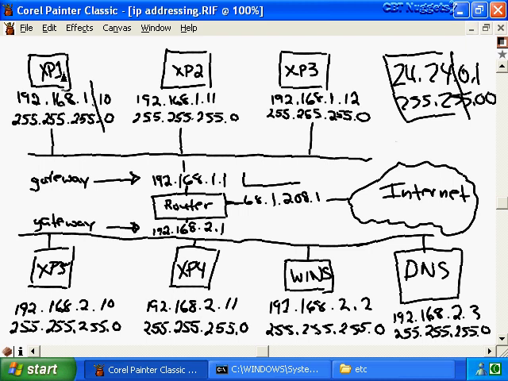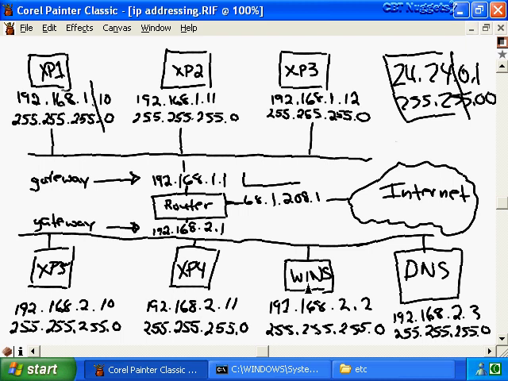So let's say, for example, that the computer XP1 wants to communicate with the computer XP4 by a NetBIOS name. Well, now that XP1 has the IP address of the WINS server and the IP address of the gateway, XP1 can go through the router, go down to the WINS server, and ask the WINS server, Mr. WINS server, do you have a listing in your database for the NetBIOS name of XP4 and its IP address?